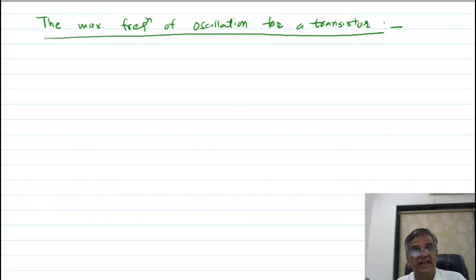But at a higher frequency, the capacitance of the transistor affects the phase relationship. As a result, for a high frequency oscillation, one has to consider the junction capacitance of a transistor.